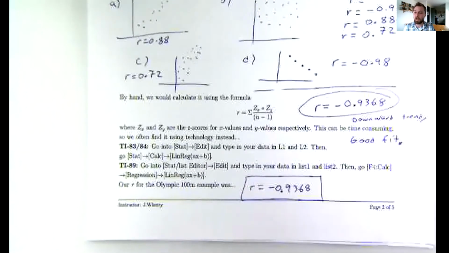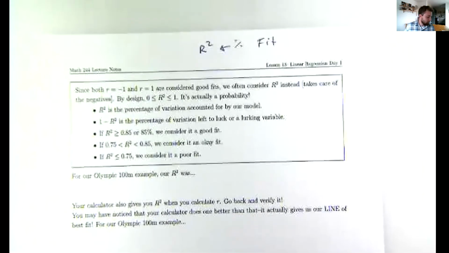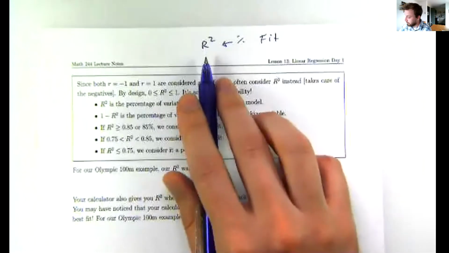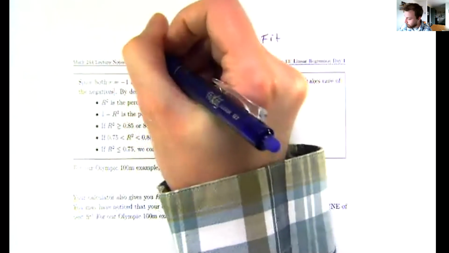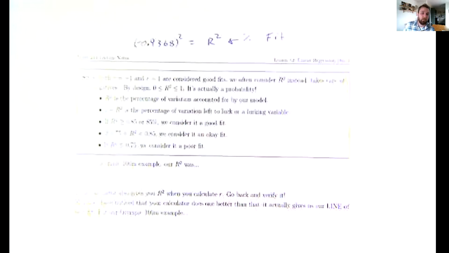So to deal with the sign issues, we're going to try to square everything, and let's see what we get. If I square my R, I get R squared. Now this is going to look a little funky, but the notation for this is actually a capital R squared, but in your head you should just be thinking, I'm taking my R value, like my -0.9368, and I'm going to square this, and let's see what number it gives me.